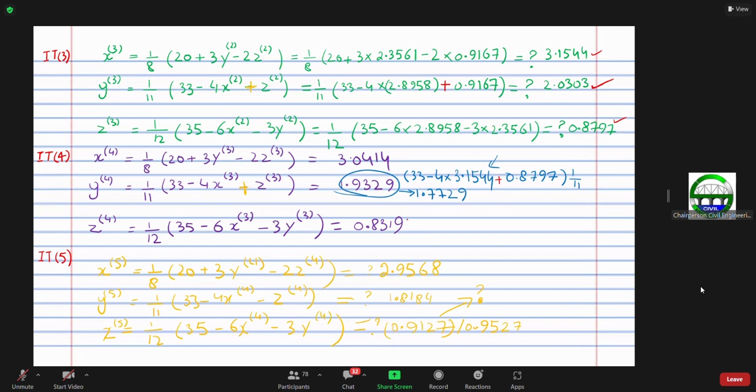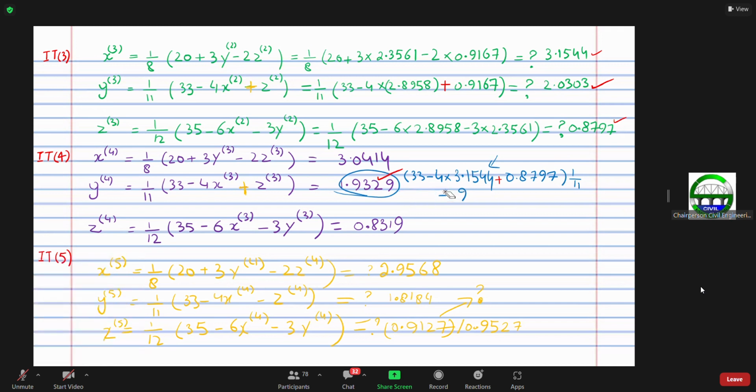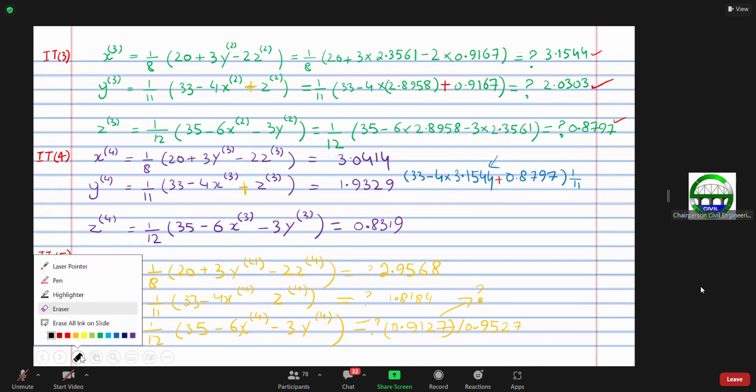It is 1.932. This is correct. This is not correct. This one is not correct. This one is correct. Okay, and what else? So this one was correct, and in here, this one is plus as well.